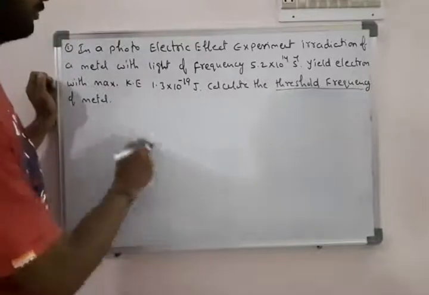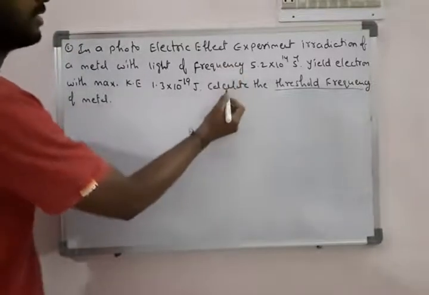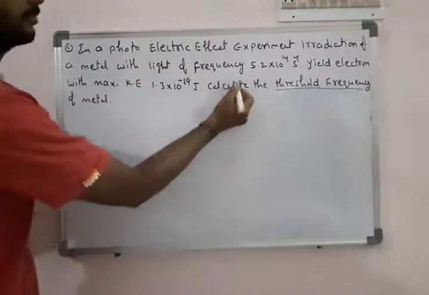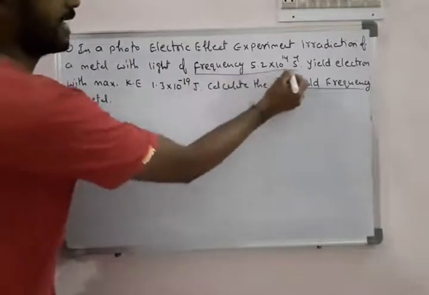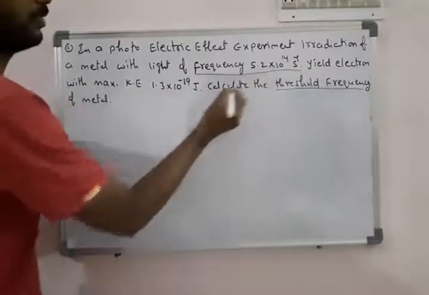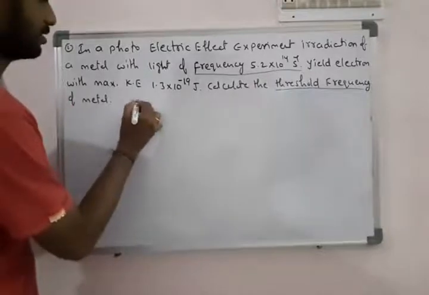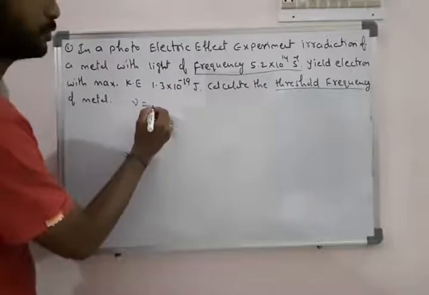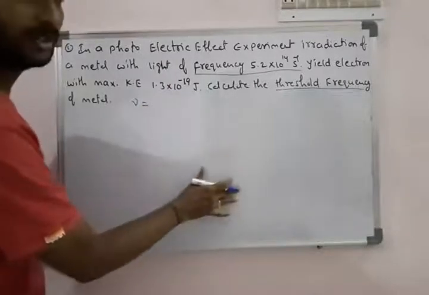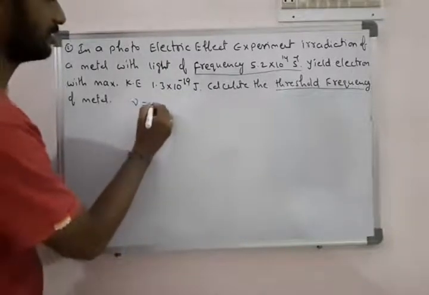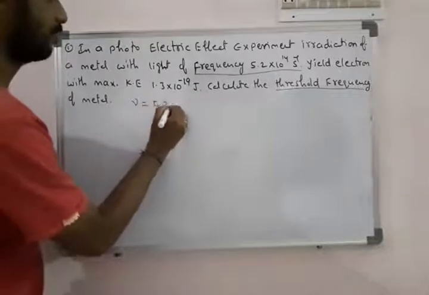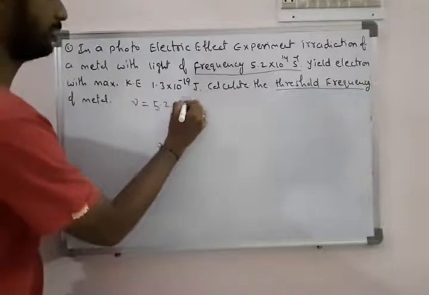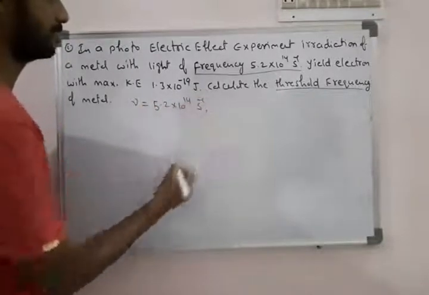So here, what is the frequency given? The frequency of the passed light is 5.2 × 10^14 second inverse. The given light frequency, the light used for passing on the metal surface, is 5.2 × 10^14 second inverse.